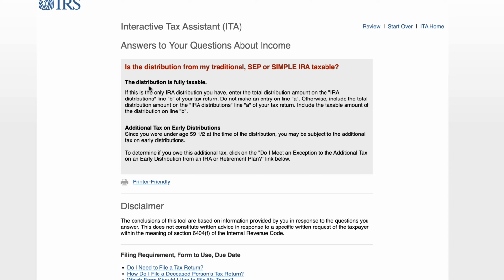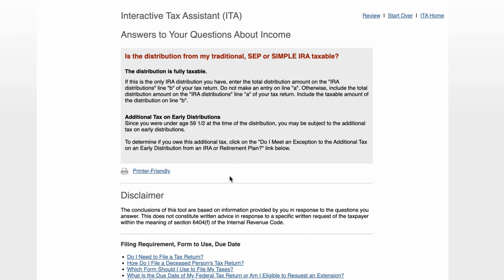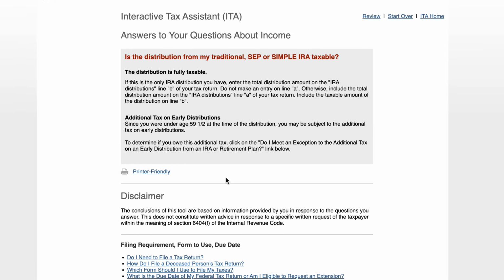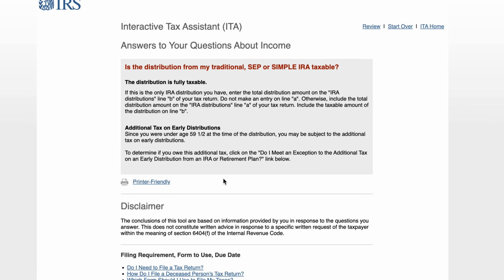So you would need to walk through an additional tax tool. Do I meet an exception to the additional tax on an early distribution link? But anytime you use this, this is a hypothetical situation where you can use this information to help better understand your tax return.